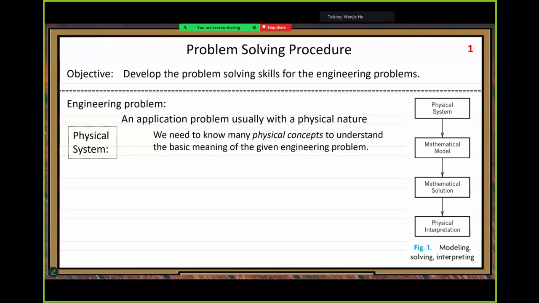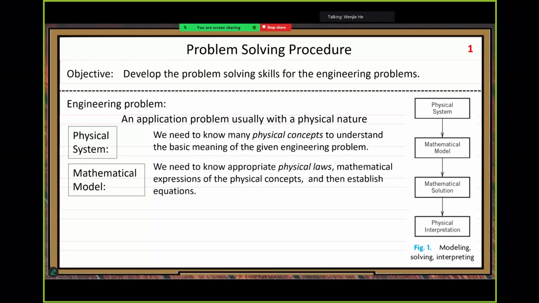Then, second step, we need to build a mathematical model. Now we need to work on problem solving. How to solve the problem? We need to apply some mathematical model.